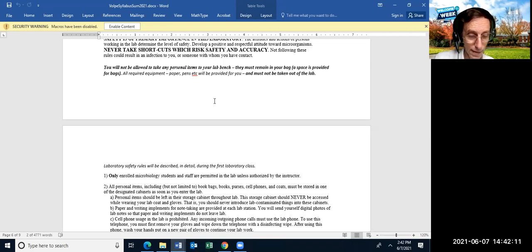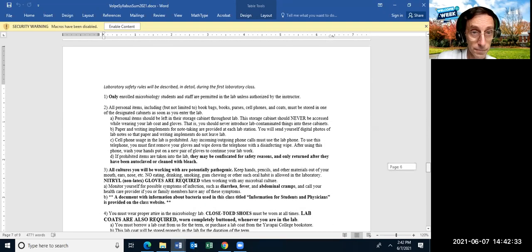And if you were to take out your phone, for example, in a real microbiology lab, it would be confiscated and it would be put into bleach or autoclave before being returned to you. And guess what? That would destroy the phone. So don't do that. Only enrolled students are allowed in the lab.